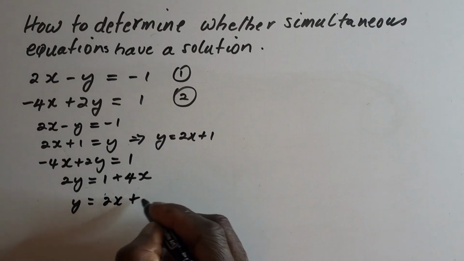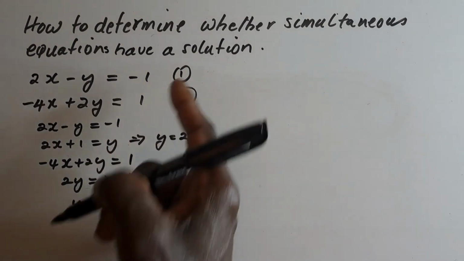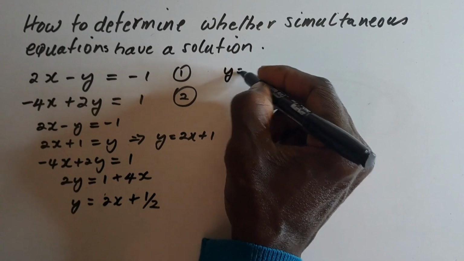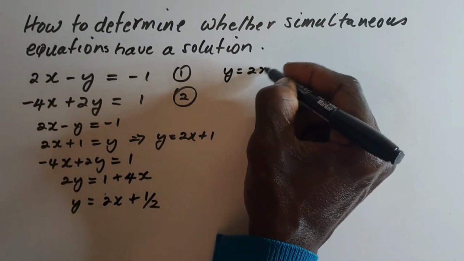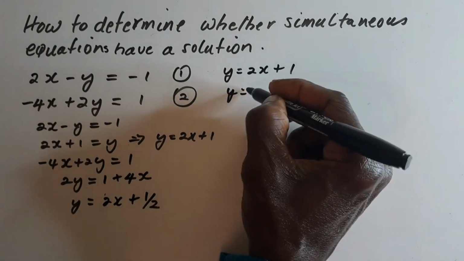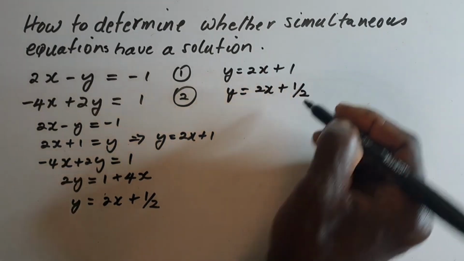So we've rearranged our equations, and this pair is equivalent to y is equal to 2x add 1, and y is equal to 2x add a half.